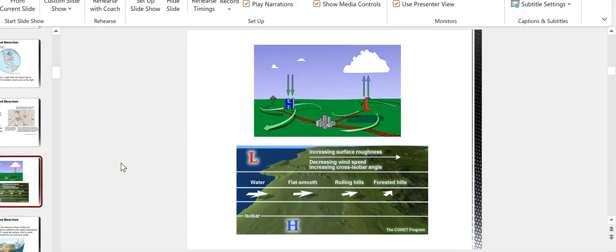Now, the third item that affects wind speed and wind direction is friction. Friction happens when we have surfaces that could be flat, surfaces that could be hills, or surfaces that could have some sort of forest or rocks or mountains. So wind is always going to find the path of least resistance.